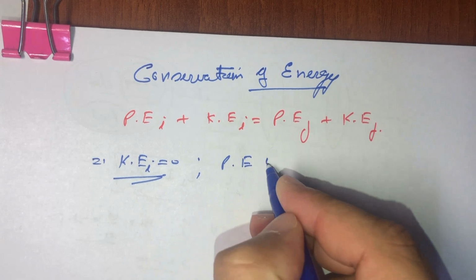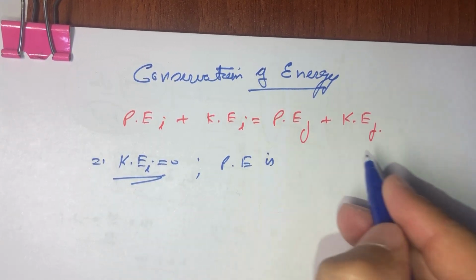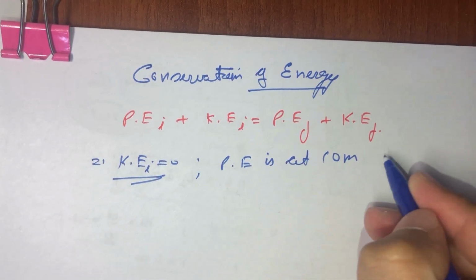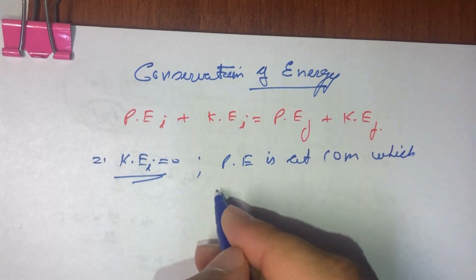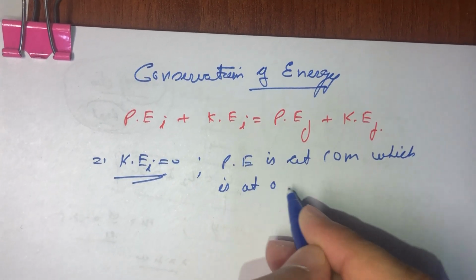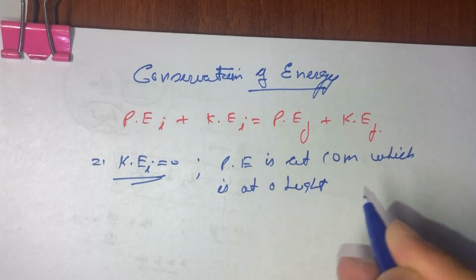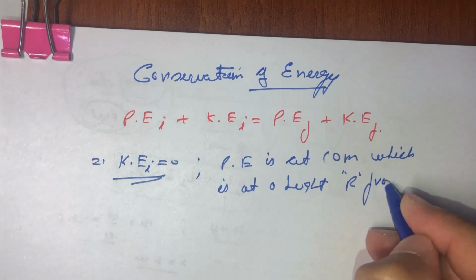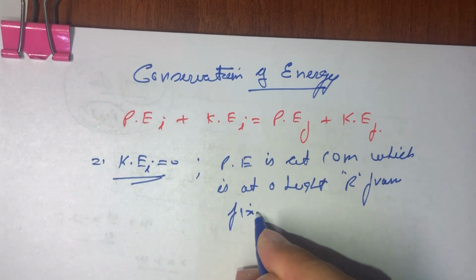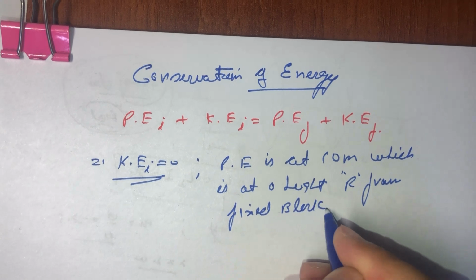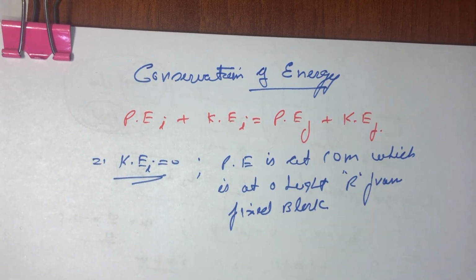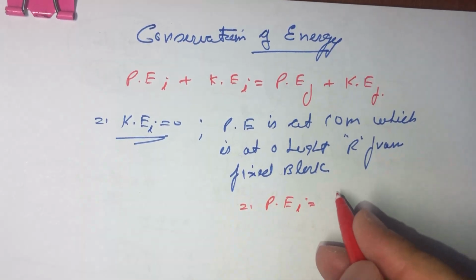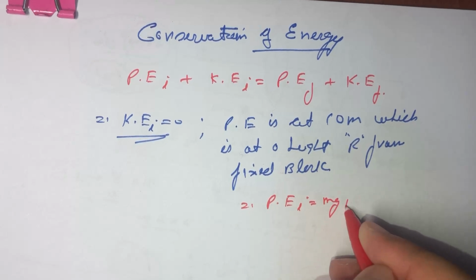So potential energy is at center of mass, which is at a height r from the fixed block. Therefore, we can say potential energy initial is equal to mgr.